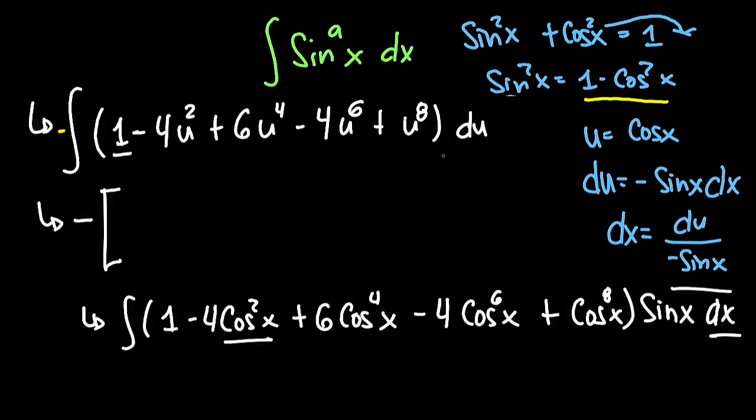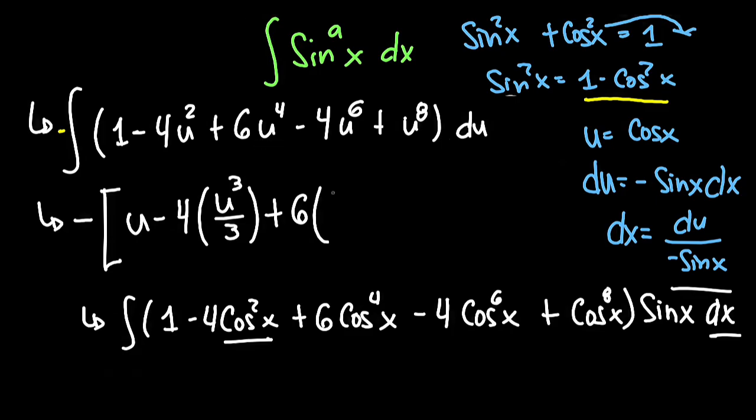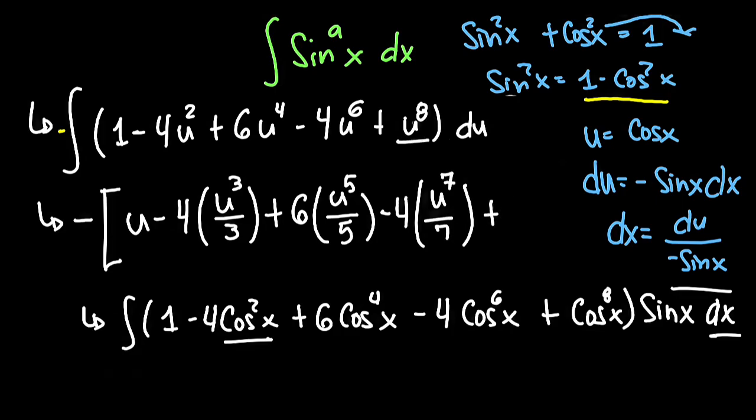Now, the integral of 1 du is simply u minus 4 multiplied by the integral of u squared, which is u to the power of 3 over 3, based on the power rule, plus 6 multiplied by the integral of u to the power of 4, which would be u to the power of 5 over 5, minus 4 multiplied by the integral of u to the power of 6, which is u to the power of 7 over 7, plus the integral of u to the power of 8, which is u to the power of 9 over 9, and add the constant of integration.